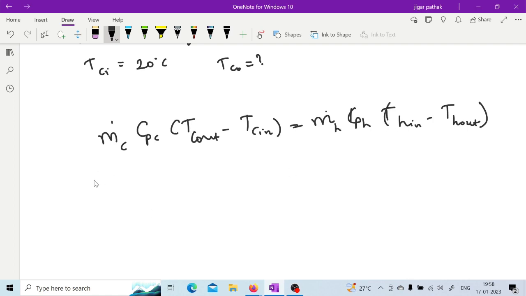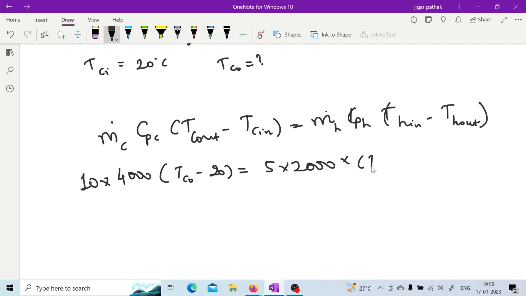So MC is 10, right? CPC is 4000. Then TC out you have to calculate, right? Minus 20. MH is given as 5. Here it is 2000, right?